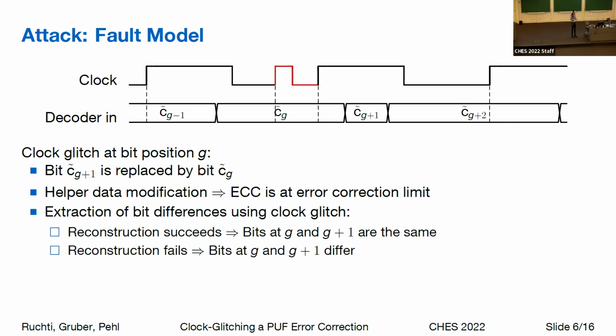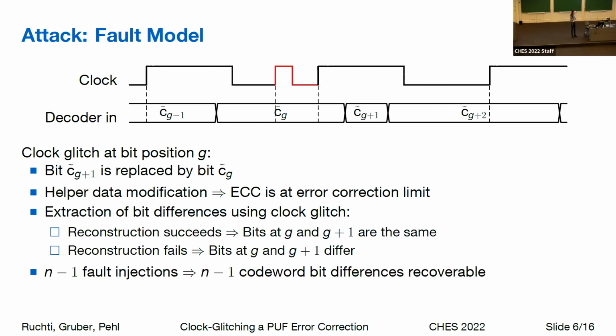If it succeeds, then we haven't made a change with our glitch, and the bits g and g+1 are the same. So we repeat that process for all pairs of bits in the code word and recover n-1 code word bit differences in an n-bit code word. So we basically have the whole code word except for 1 additional bit we have to guess.